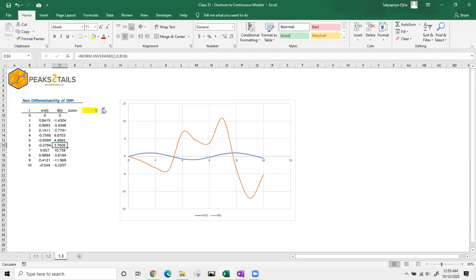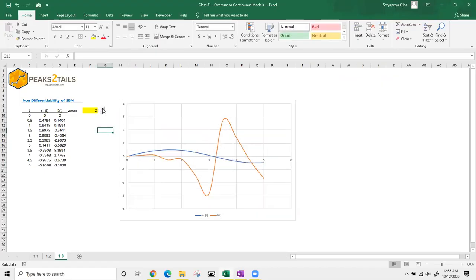If I zoom in and keep zooming, Excel is slow, but you see sine t will start looking like a line.